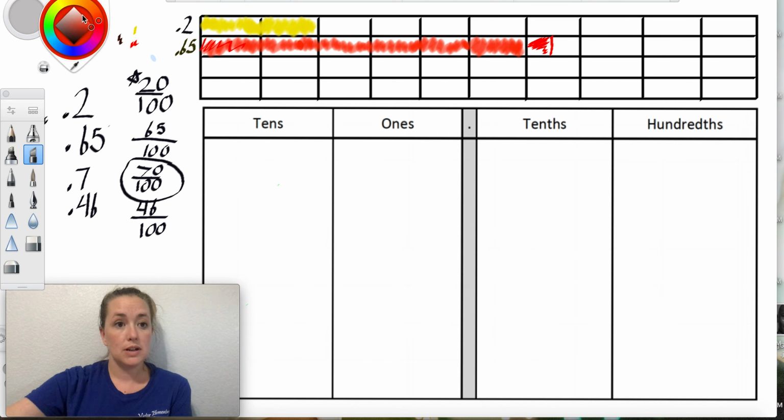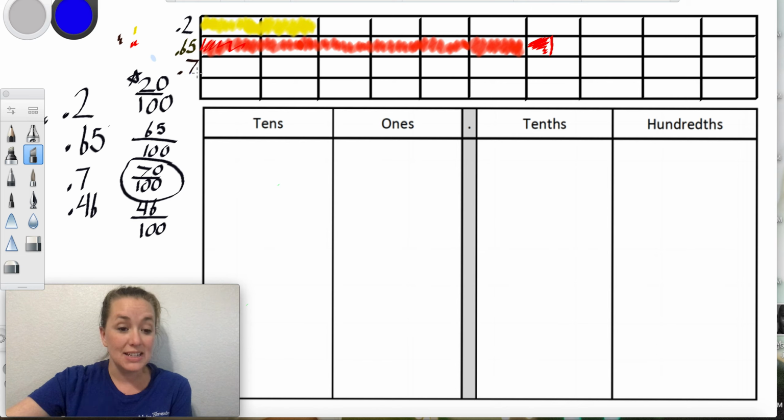Okay, let's do another one. Our next one is 7 tenths. Let's shade in 7 tenths.